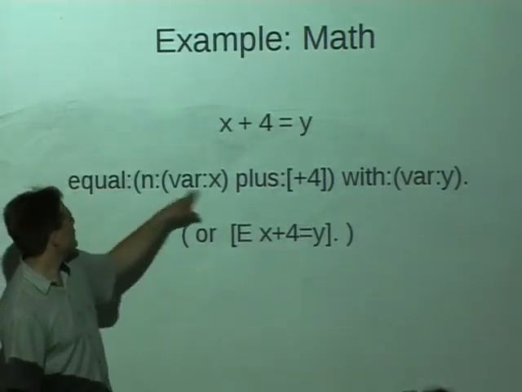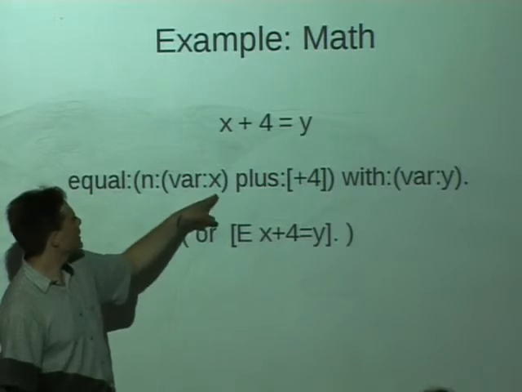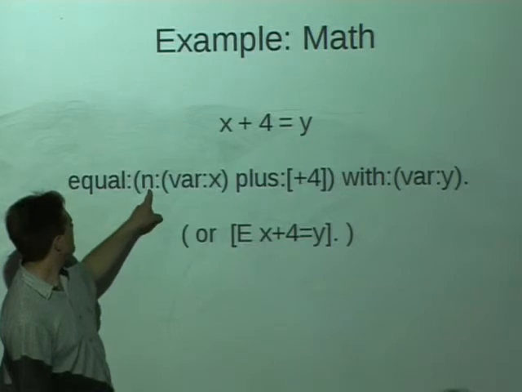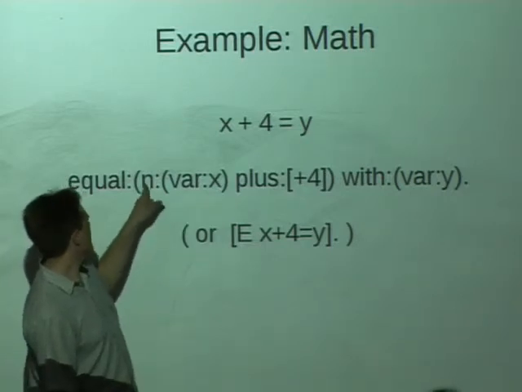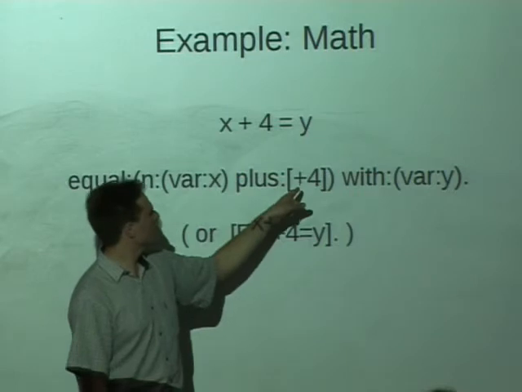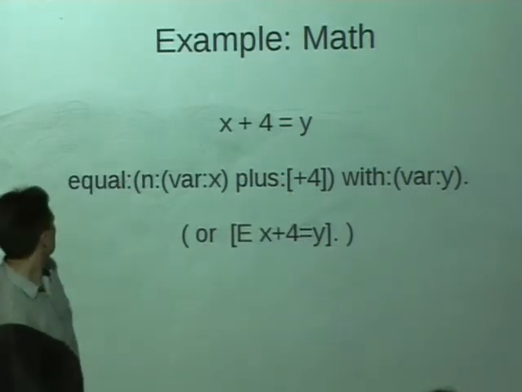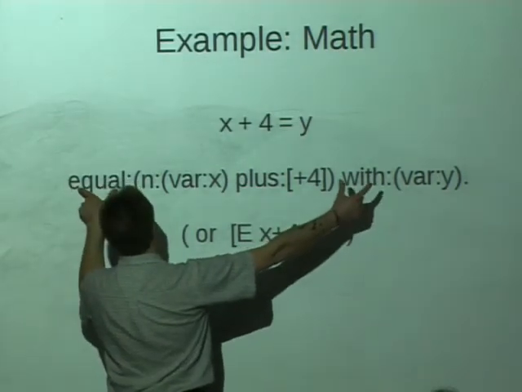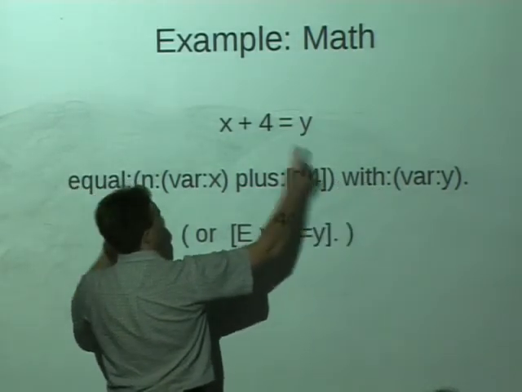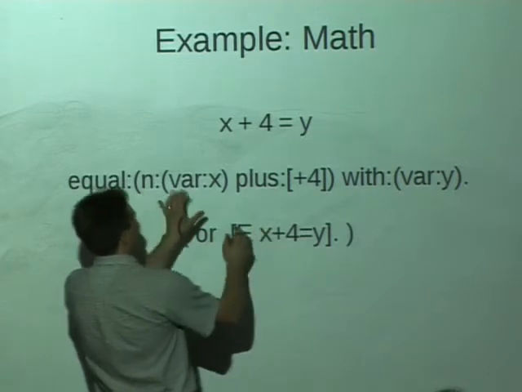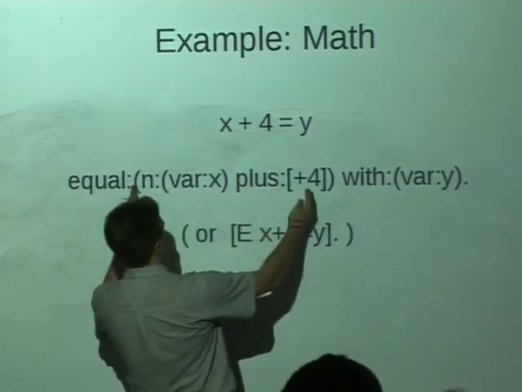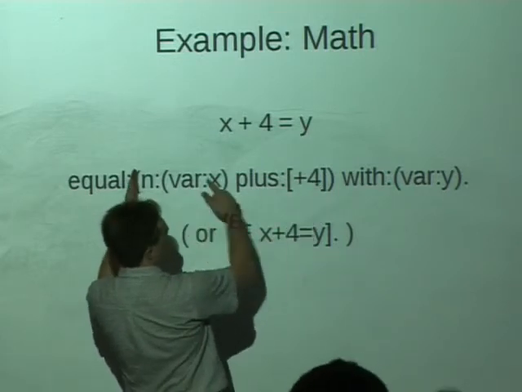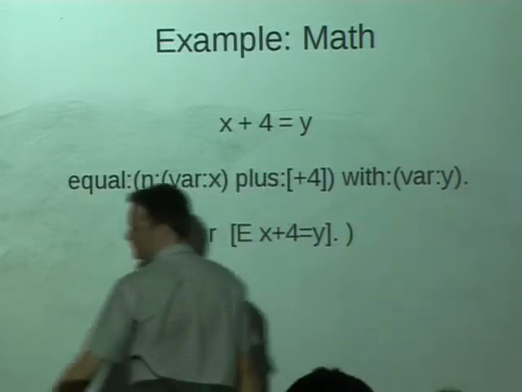So the variable x, the number n of this plus that, the equal width is from the equal sign, and we have two arguments, n plus 4, where n is the variable x and the variable y.